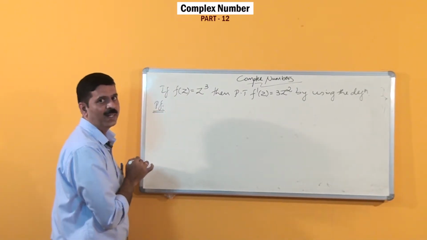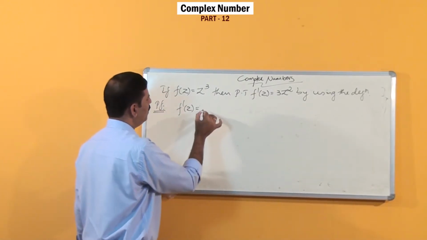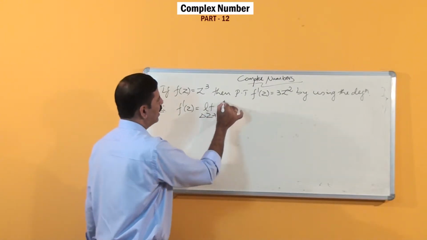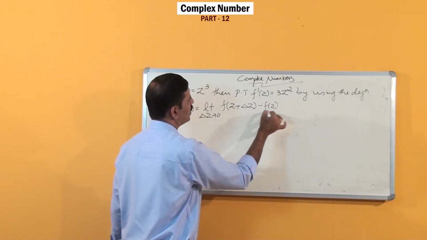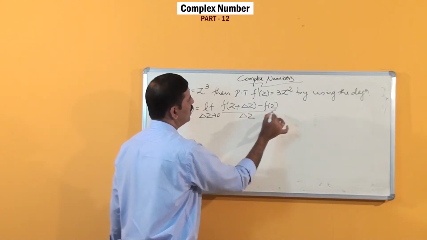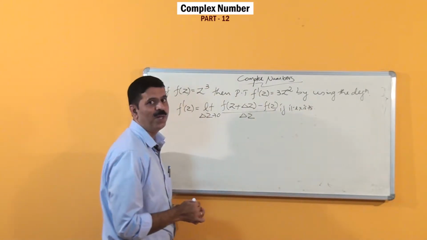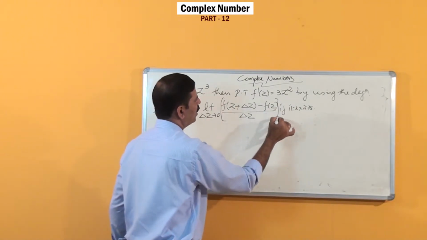As you know the derivative definition, f dash of z is equal to the limit as delta z tends to 0 of f of z plus delta z minus f of z, divided by delta z, if it exists. As I explained in the last class, I have written the same definition here.